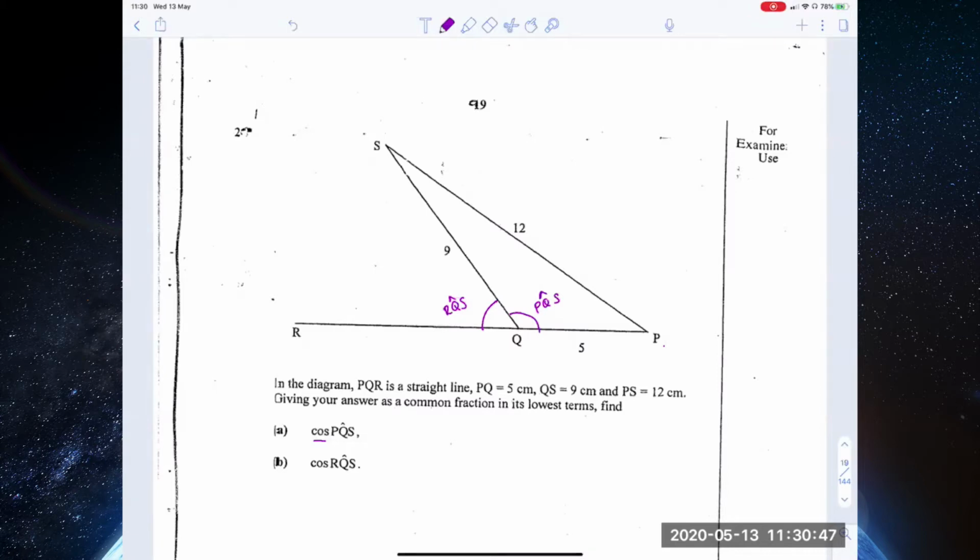But why cos in particular? Why not sine or tan? Because you have the adjacent and the hypotenuse. Adjacent, hypotenuse, which is the adjacent?